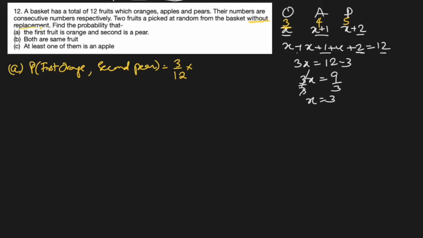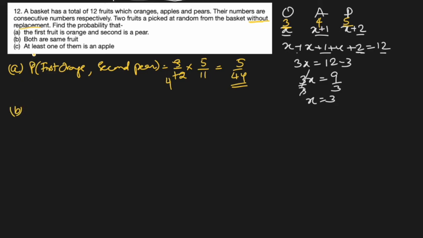Without replacement means if this orange is out, it is not put back. So now we want the probability of a pear. There are still 5 pears, but total fruits are 11 because one orange is out because of the first probability. Answer will be, okay, we can cancel this, 5 out of 44. That is the answer.